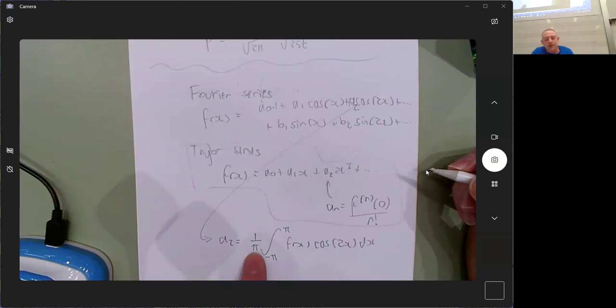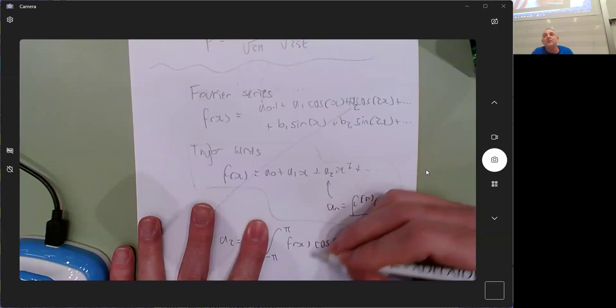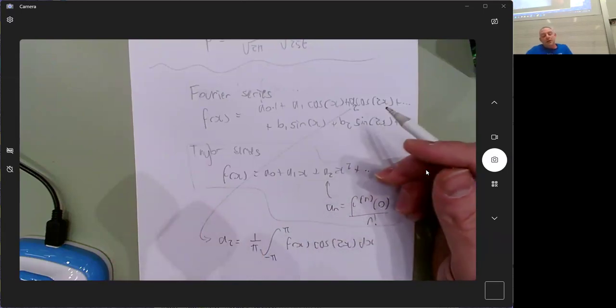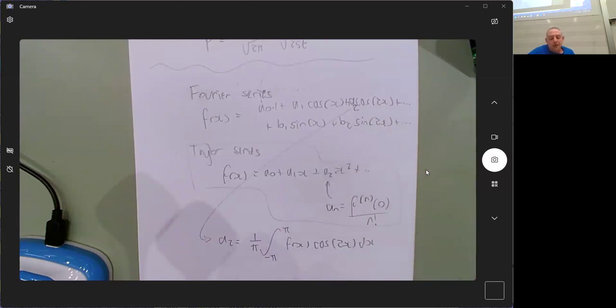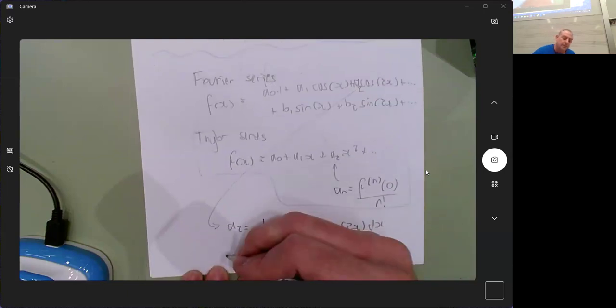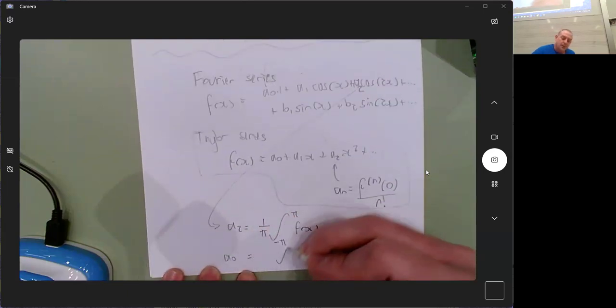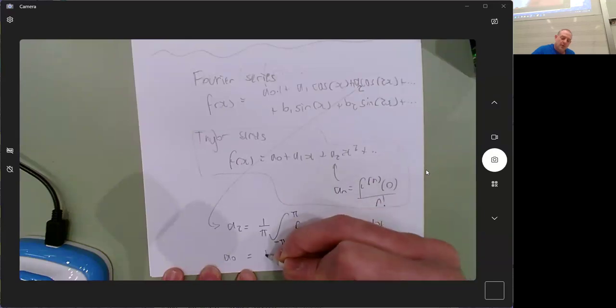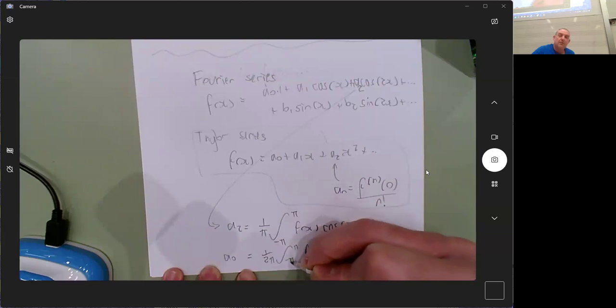This is the number you would get if you put cos 2x in that spot. The b2 would be the same but with a sine, and the a0 is separate, and it's 2 pi this time, I believe.